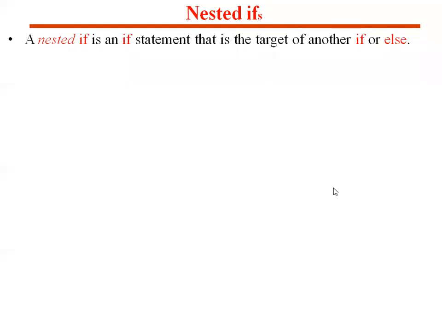Nested if statement, how it can be written in Java, we'll discuss today. A nested if statement is an if statement that is the target of another if or an else statement. That means in one if statement, we can write another if else statement, or in an else statement, we can also write another if else statement, and such type of including if statements in another if statement is called a nested if statement.